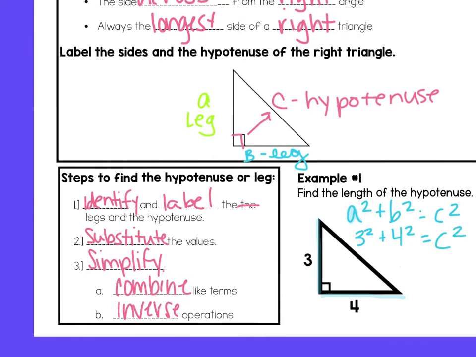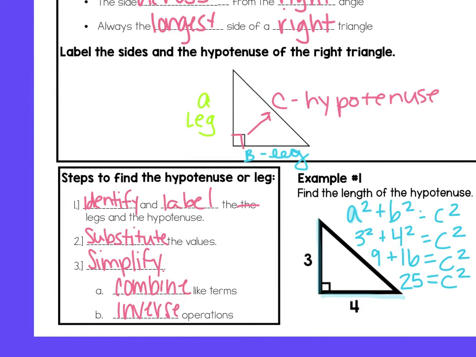We are trying to find that missing side. 3 squared is 3 times 3, which is 9, and 4 squared is 4 times 4, which is 16, which equals C squared. 9 plus 16 is 25 equals C squared. We're not done because we just want to find C.